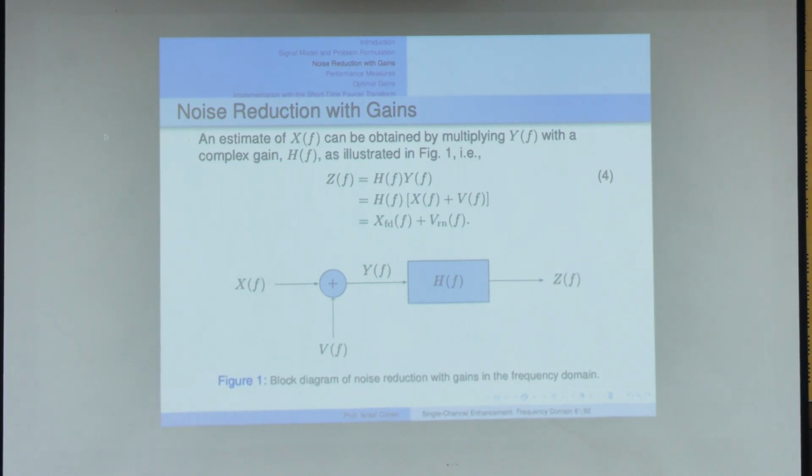In the other frequencies, if you don't have the desired signal, H in those frequencies will be 0. And in frequencies where the SNR is high, H will be closer to 1. If the SNR is low in some frequencies, H will be lower. So you can get noise reduction, total noise reduction, especially in frequencies where you don't have the desired signal or where the signal is weak compared to the noise, so you want to reduce that.